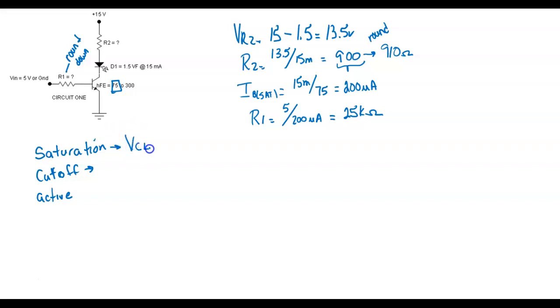We call it voltage collector to emitter. That tells you where you put your common on your meter and where you put your red lead. So I'd put my black lead right there and my red lead right there, and this would tell me if the transistor is saturated or not. So when do we say the transistor is saturated? Yeah, if it drops less than a volt.